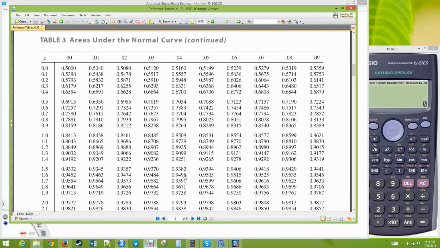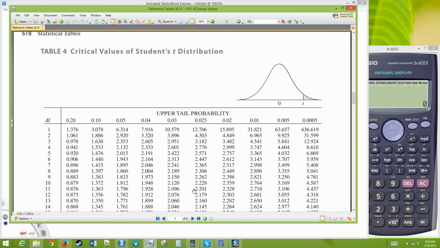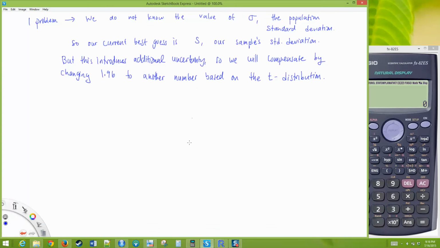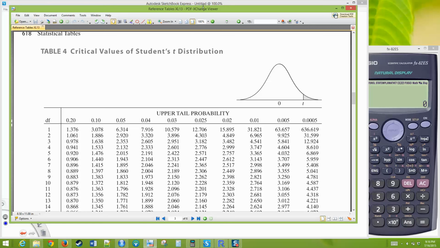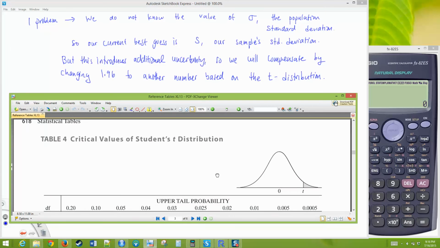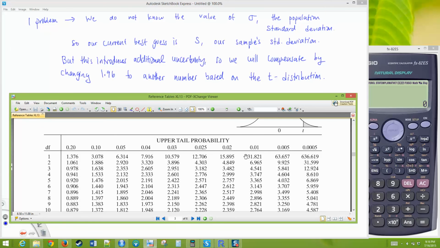Your reference tables that you should have, the third page, or I guess the second sheet, is the t distribution. I'll let you guys finish copying all of this down. If we're going for the middle 95%, the amount that we want on each tail would be 2.5%.